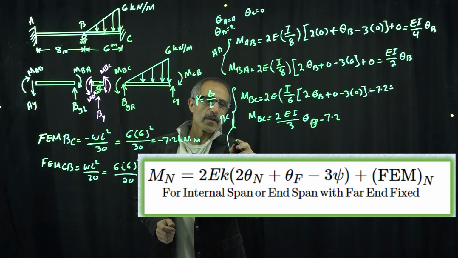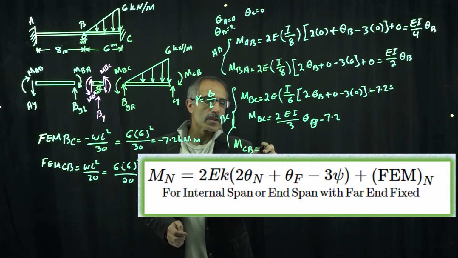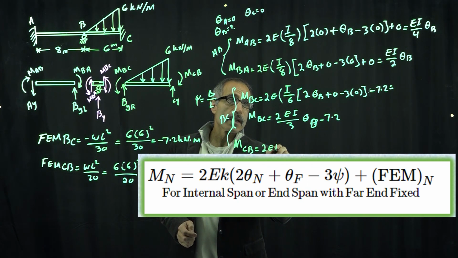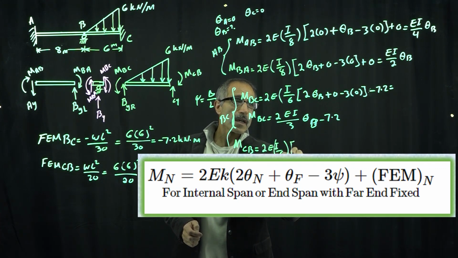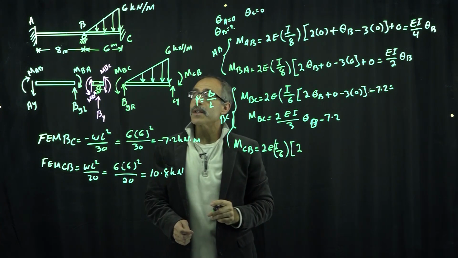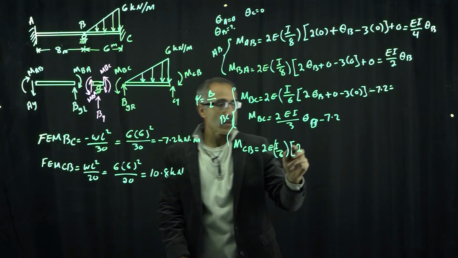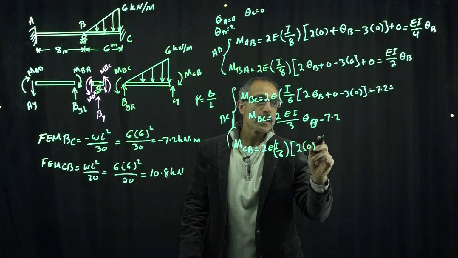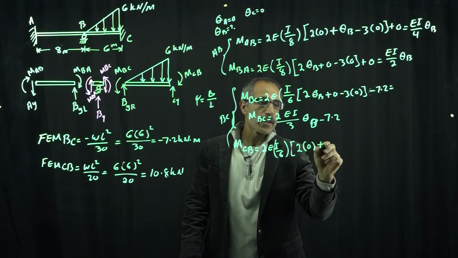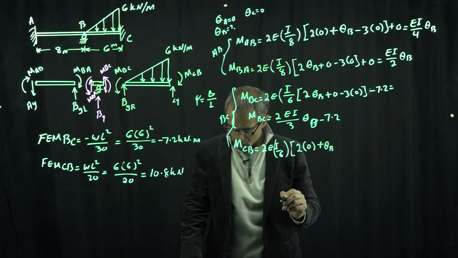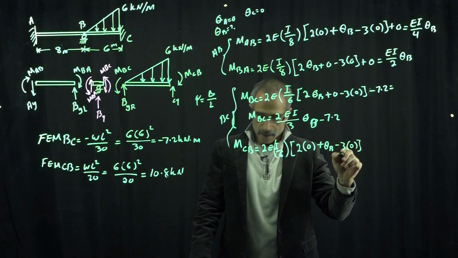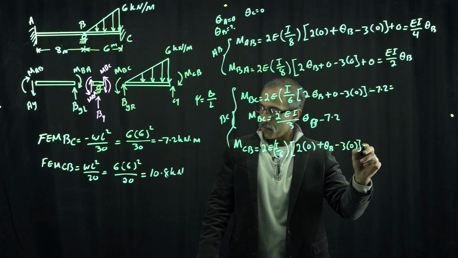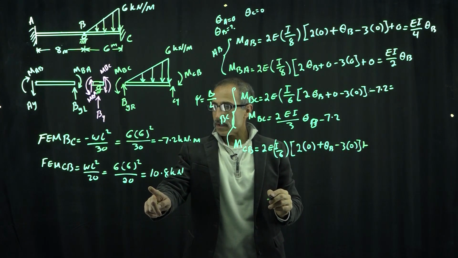Let's continue. Next we're going to have MCB, which is equal to 2EI divided by 6 times 2 times theta near, which is theta C equal to 0, plus theta B, minus 3 times 0, deflection is 0 again, and plus 10.8, because the fixed end moment CB is 10.8.